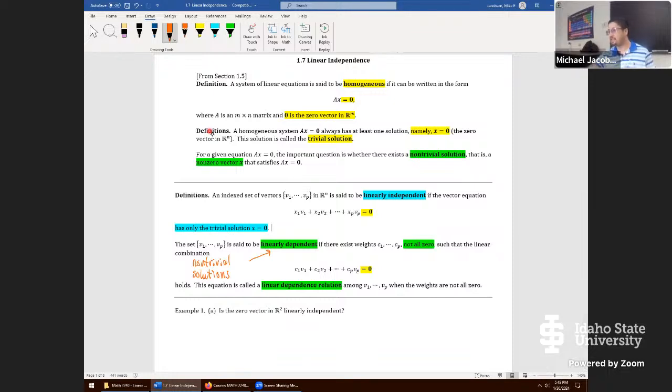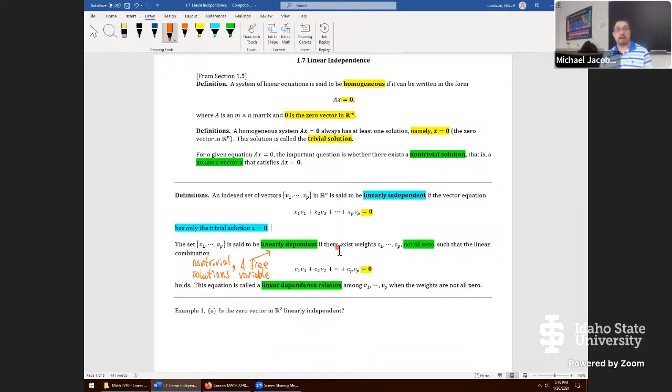So linear dependence is tied together with non-trivial solutions and with a free variable.